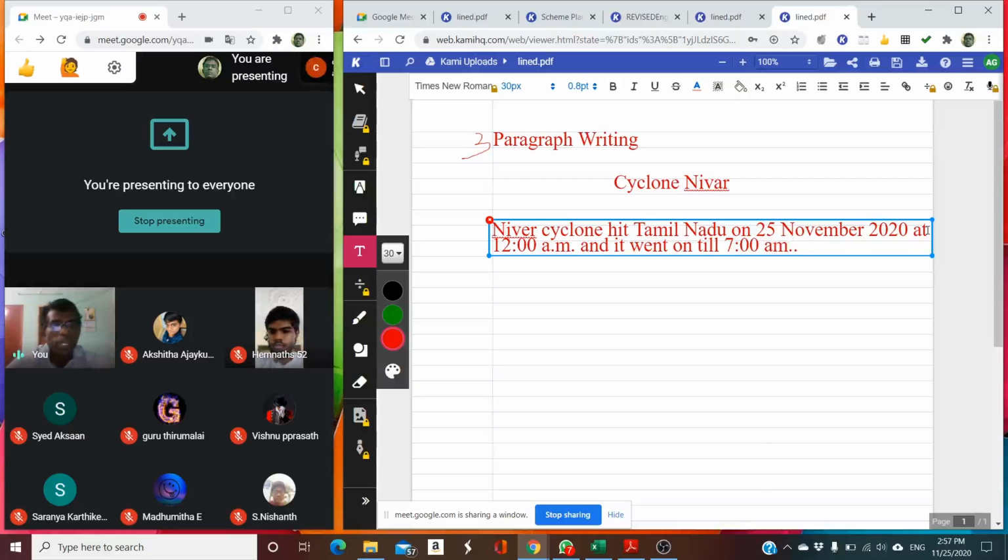See, what I mean is that you have to start writing from the edge of the margin. Start writing from the edge of the margin. When you start the second paragraph also, you have to start from the edge of the margin. From here itself, you have to start.